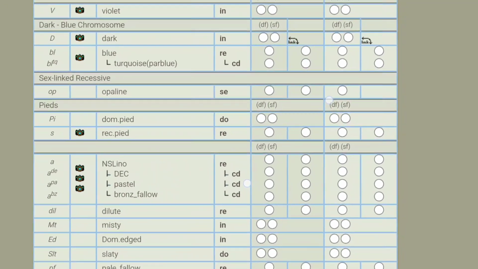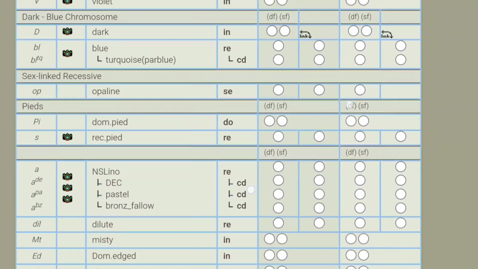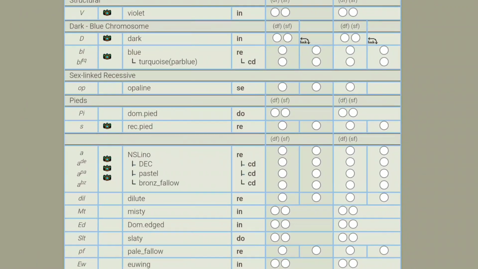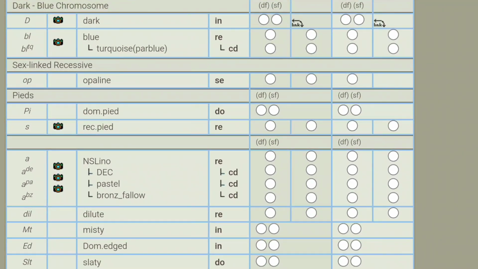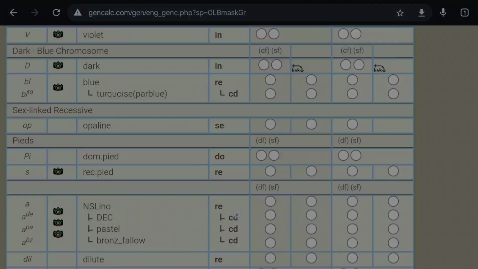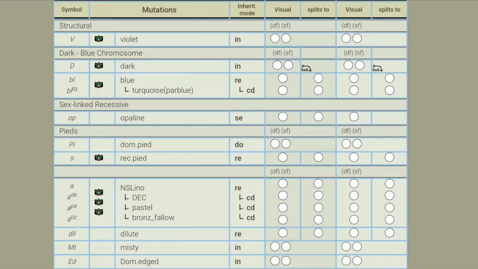So okay, let's start doing small tutorial videos. I mean, let's take some examples and do it now. Let's do a simple cross and see how to use this genetic calculator. For our first cross, we are not putting anything in this parents column.